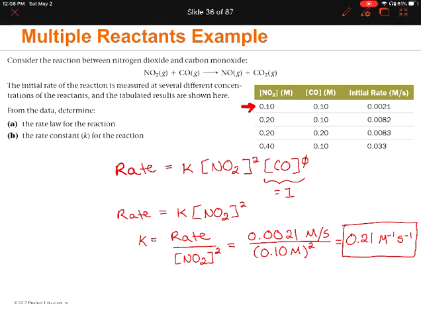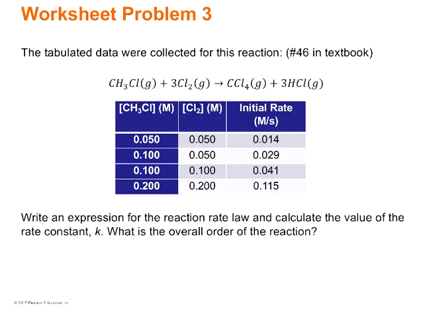Okay, so now let's work on worksheet problem 3. And this is a pretty similar problem to the example problem. So if you do want to work on this on your own first, feel free to pause the video.